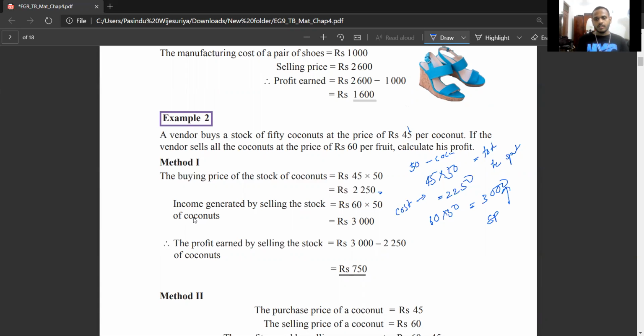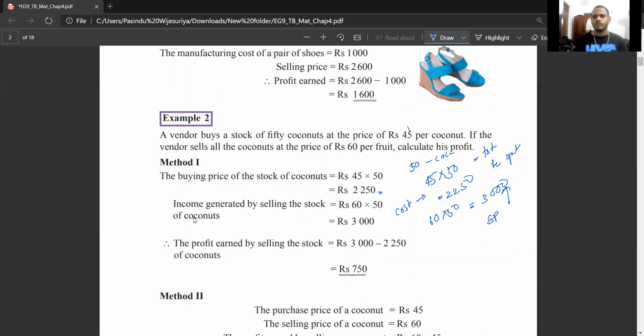Then profits earned. Always in questions like this, better you write with statements. It will be easier for you to navigate the question as well, and to have a brief understanding. Even if you have a spelling error or an error with the calculation, you might still be able to get a few marks, because you have dropped in the steps.